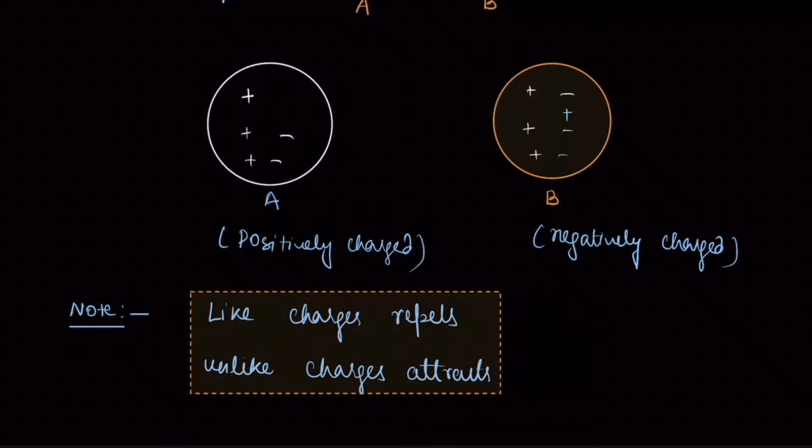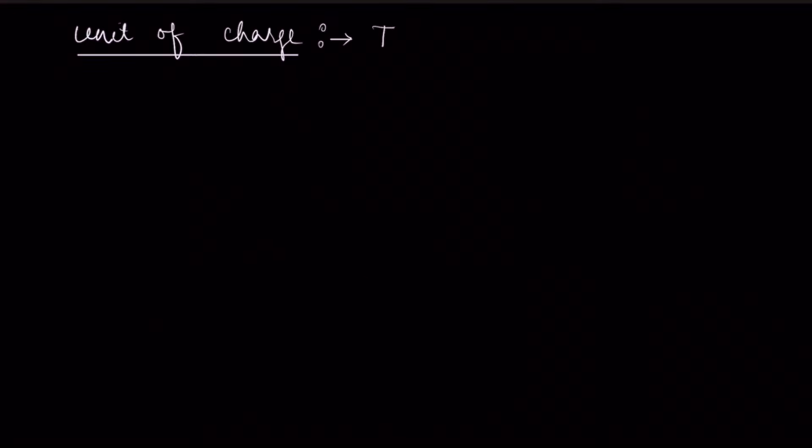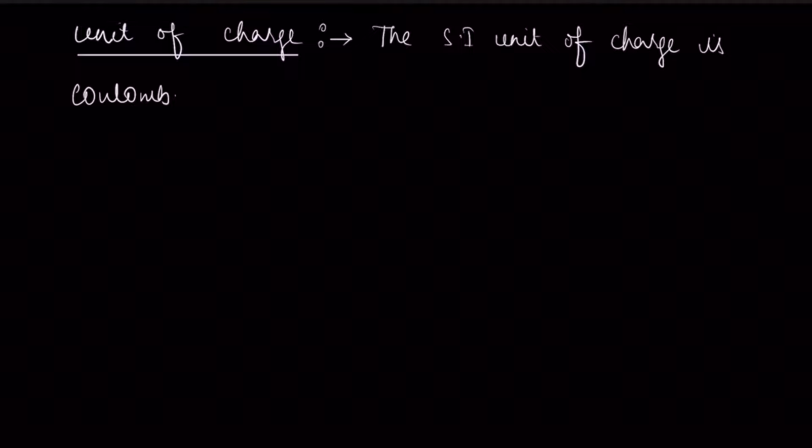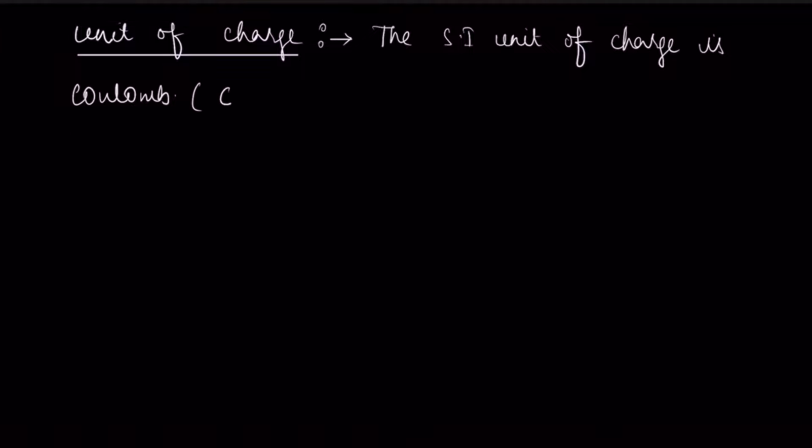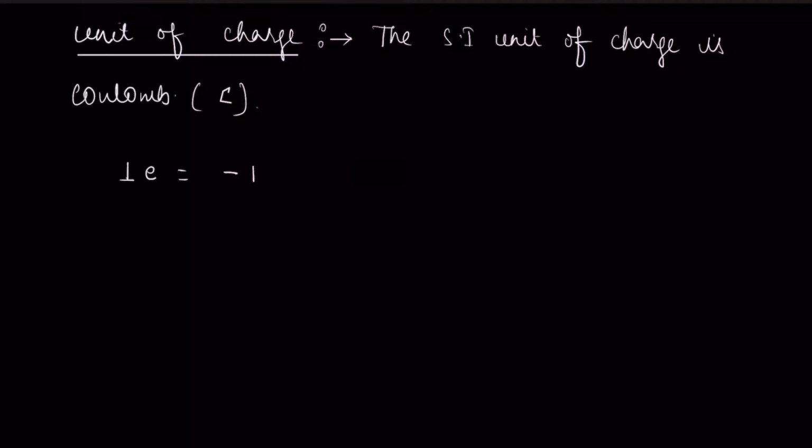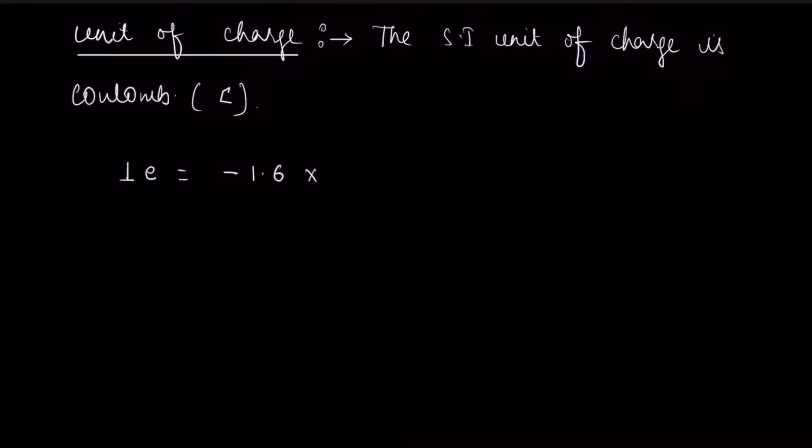So we got an idea about charge. Now we will study the unit of charge. The SI unit of charge is coulomb. It is represented as capital C. If we have one electron, it will carry a charge of minus 1.6 into 10 to the power minus 19 coulomb.